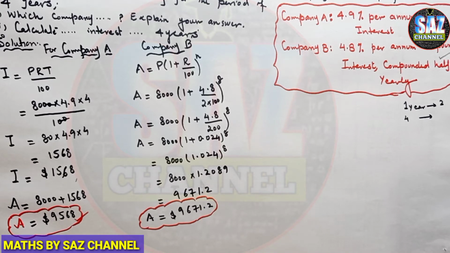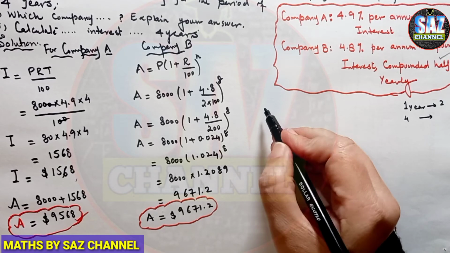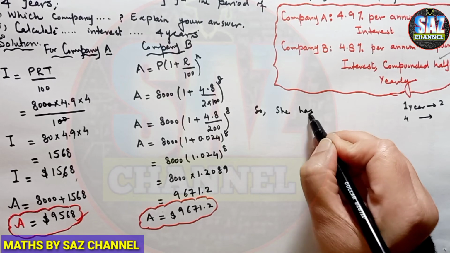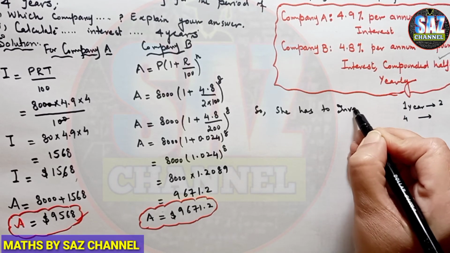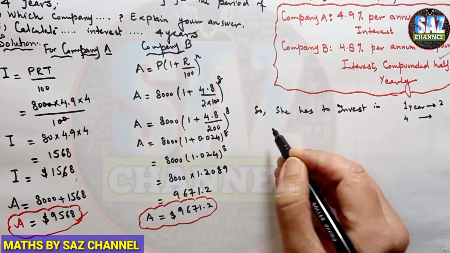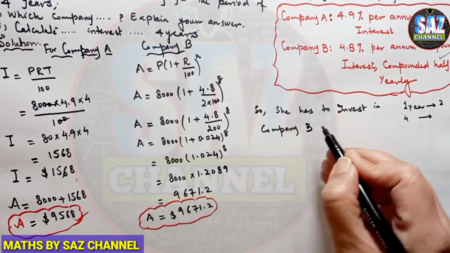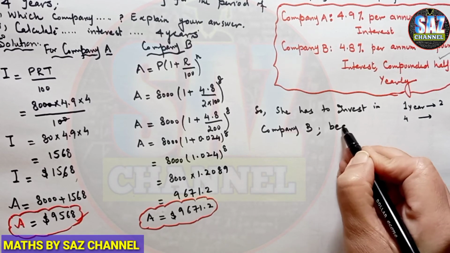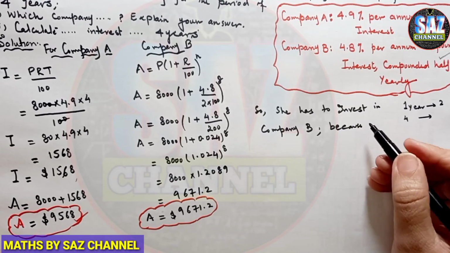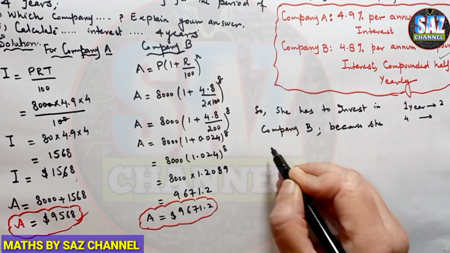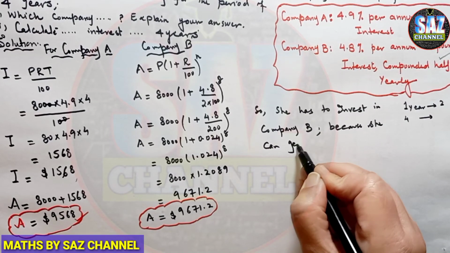So in order to decide which company she has to invest in, the answer is really clear from the working: she has to go with company B. She has to invest in company B. And the reason is that she can get greater interest.